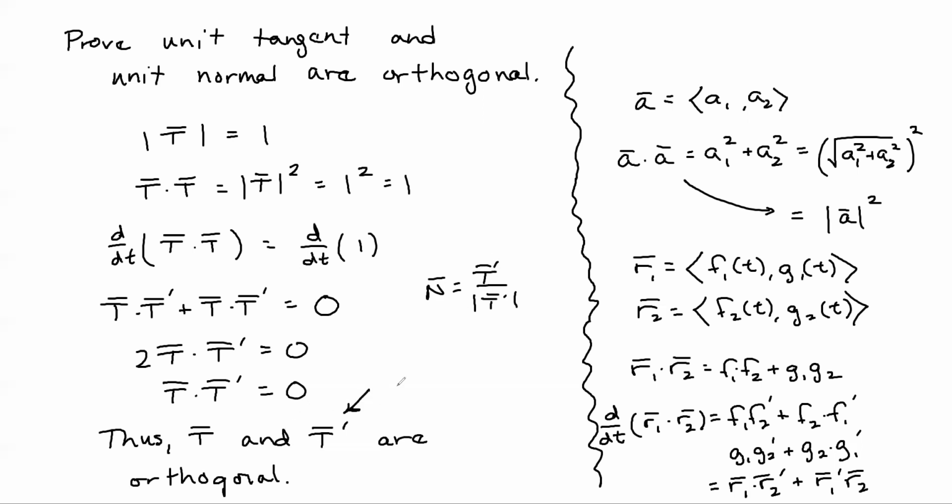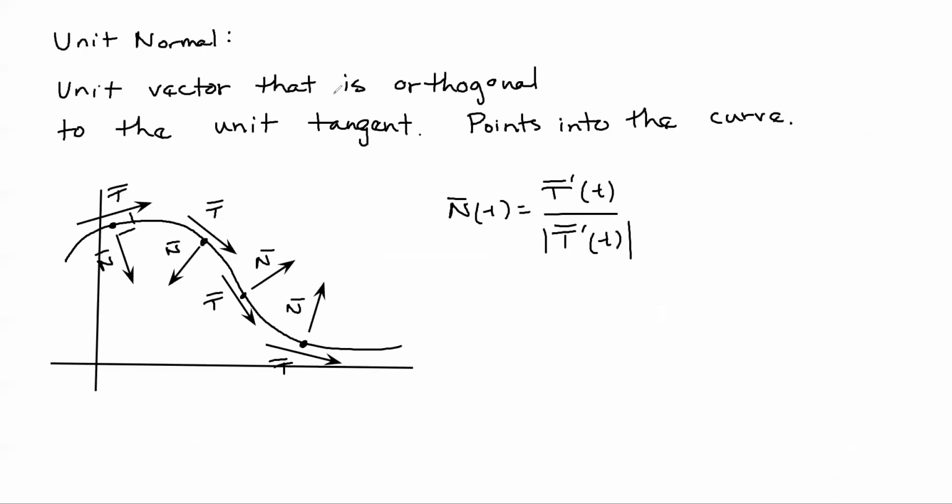So this is the same direction as N. Thus, T and N are orthogonal, since T and T prime are orthogonal. And so that proves that the unit normal given by this equation here is orthogonal to the unit tangent.